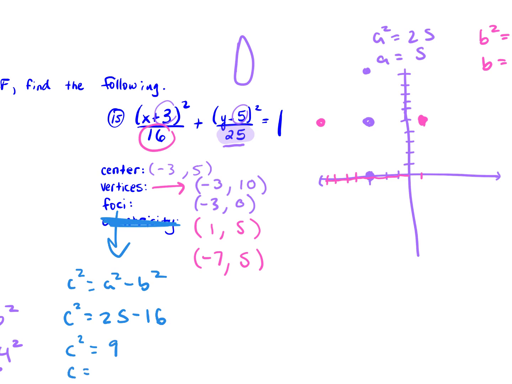So what's C? 3. So 3 is our distance from our center to our foci on the major axis. So do our foci go up and down or left and right? Up and down. So we go 3 up, 1, 2, 3, and 3 down.